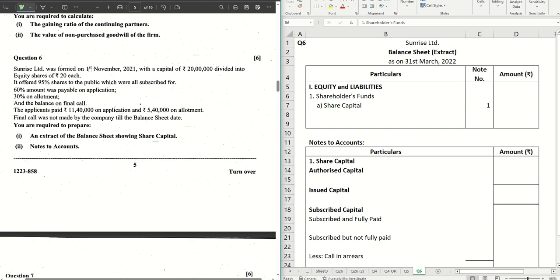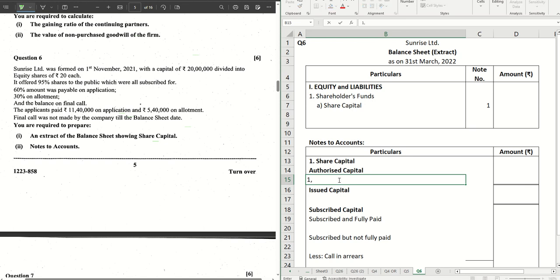Sunrise Limited was formed on 1st November 21 with a capital of 20 lakh rupees divided into equity shares of rupees 20 each. So we get the authorized capital from here. 20 lakhs divided by 20, we get 1 lakh. So the number of shares is 1 lakh of 20 each. That makes it 20 lakhs. Coming to our notes to accounts, this is the format that we have.